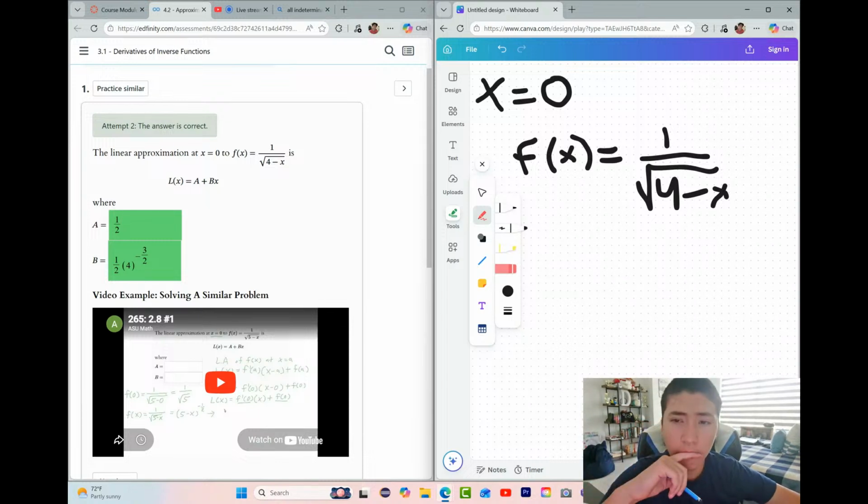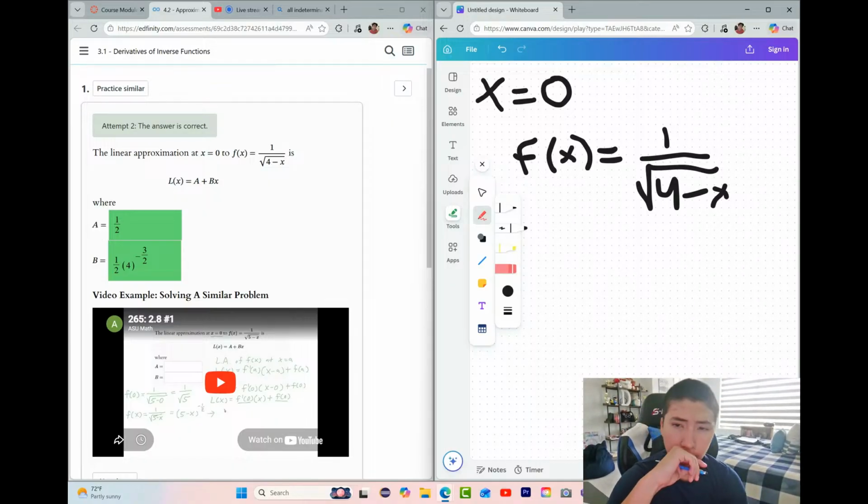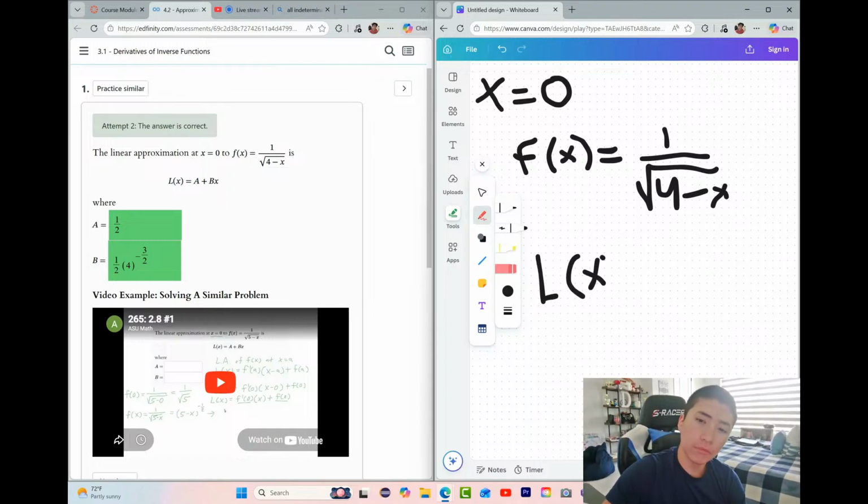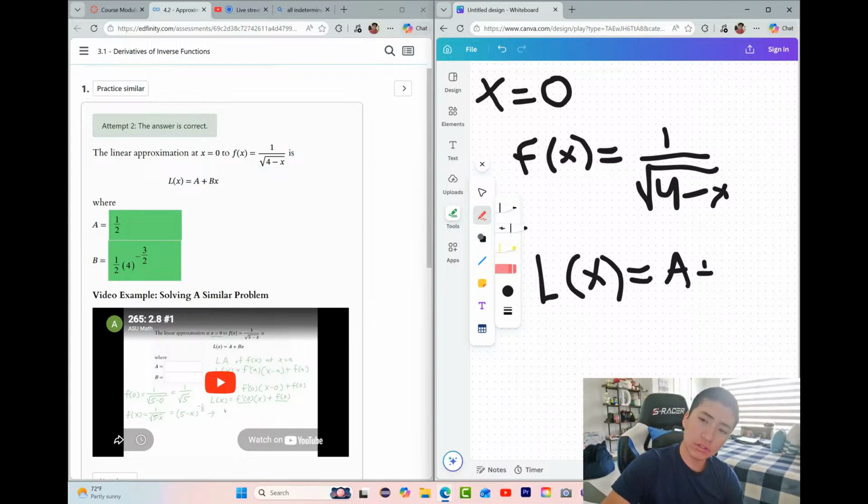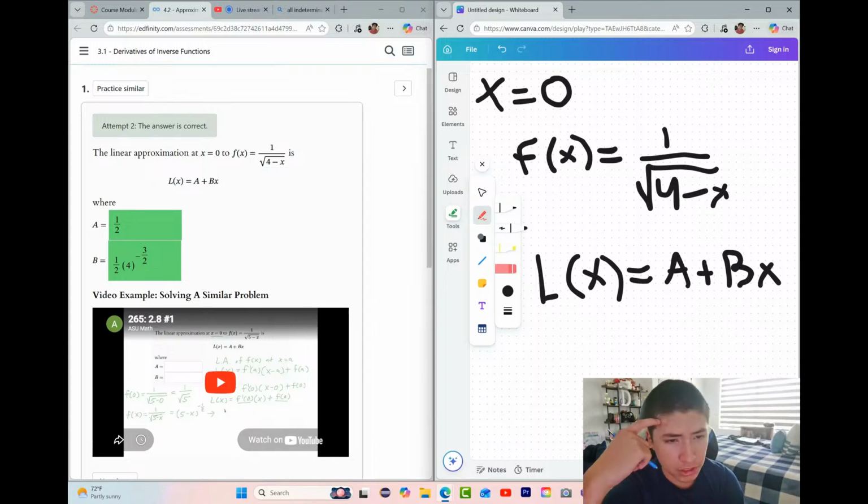I see how this goes. And we need to find L of x. So L of x is the linear approximation equation, I think, a plus bx. So what does this mean?